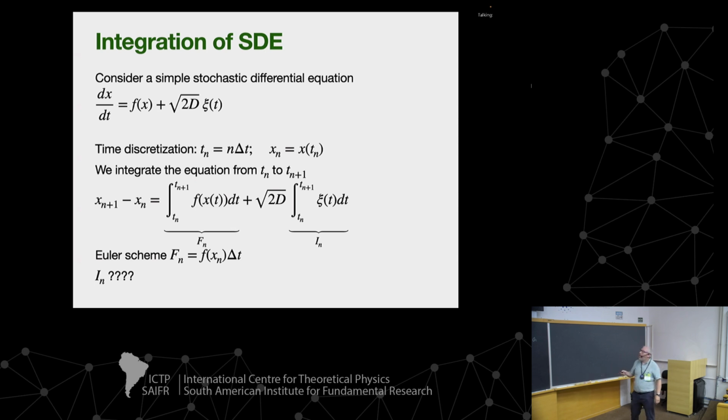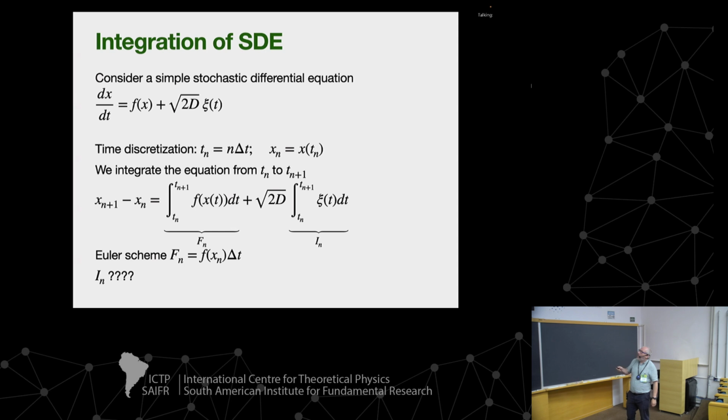This is the fundamental theorem of calculus, and then you have the integral of that and the integral of that. I'm going to be very naive for the method. I'm going to use the Euler scheme. This is not Runge-Kutta, it's not very sophisticated, just the Euler scheme.